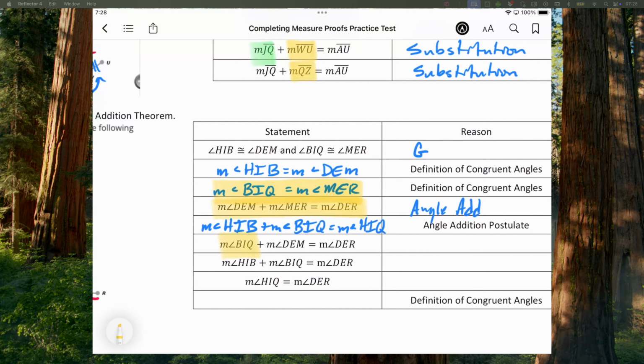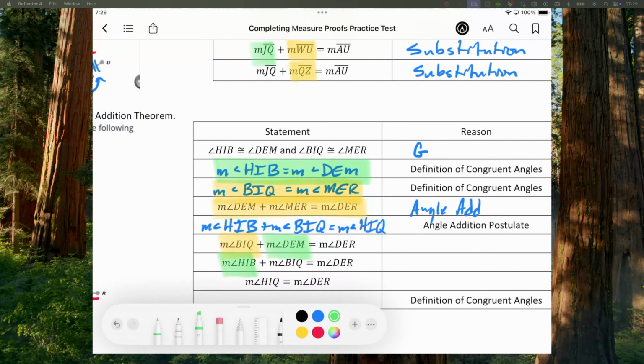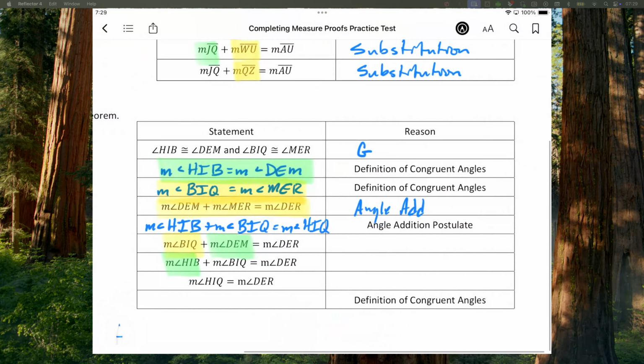And then the next one, we're going to be replacing DEM with HIB, because DEM and HIB are congruent, or their measures are equal. So then we can say that those are both substitution.